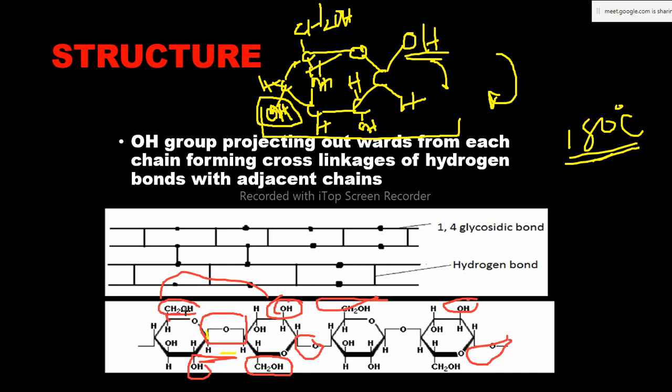So now, because of that, it will form a strand with alternating groups. The group is up, then next time it's down, next is up, next is down, next will be up, next will be down. The OH is going to be down, then in the next glucose molecule it's up, the next it's down, in the next it's up, and so on.